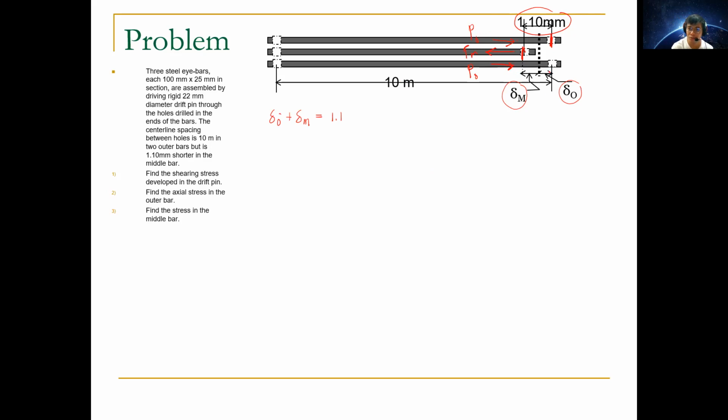So this is what caused the 1.1 movement in difference between the outer and the middle portion. So again, it's not totally that, di ba? Kung makita mo na ay murag hidden line diri, it looks like na symmetrical ang pagka-divide sa deflection at M and deflection at O. So again, M is mid bar, O is outer bar. So again, the drawing is just exaggerated for the purpose of knowing the behavior of the material.